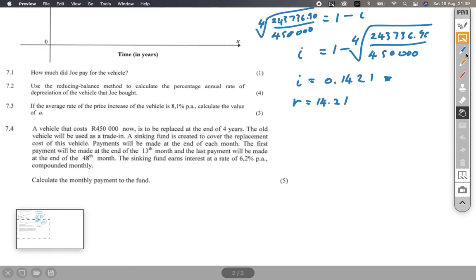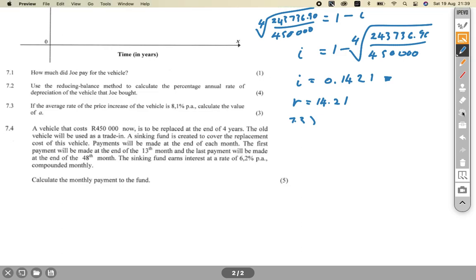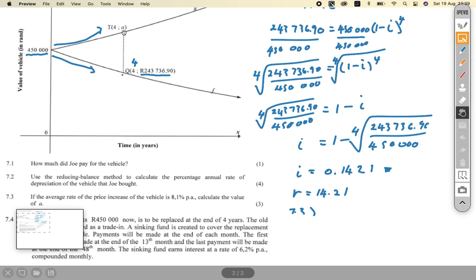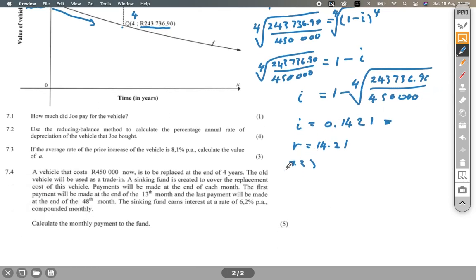Okay, and then 7.3. If the average rate of the price increases of the vehicle is 8.1% per annum, calculate the value of A. So our A is the appreciated price after 4 years. This means we're going to apply this formula.